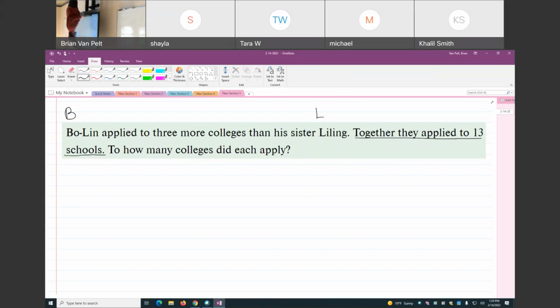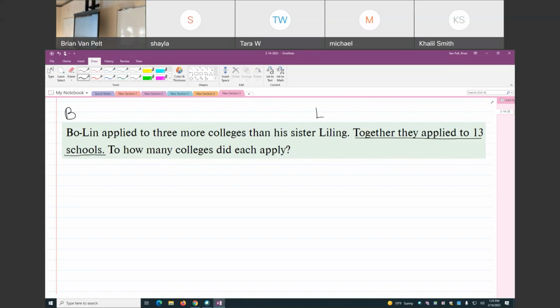Can you give me an equation for that? Give me an equation for together they applied to 13 schools. Together means that Bolin and his sister, right?